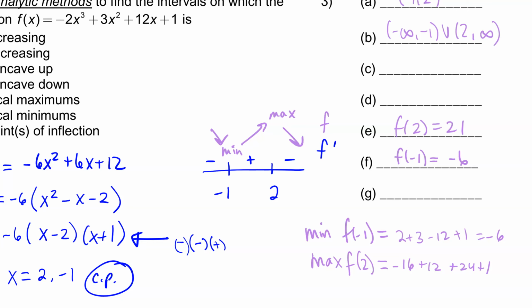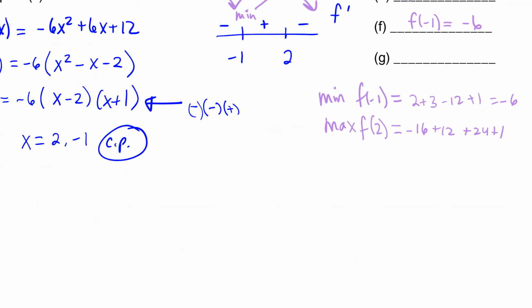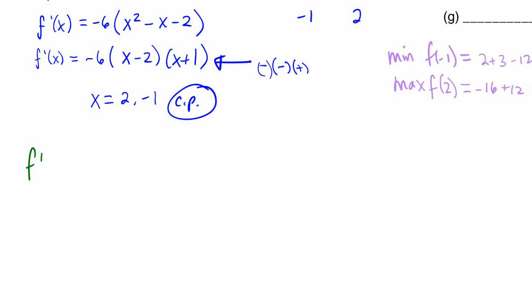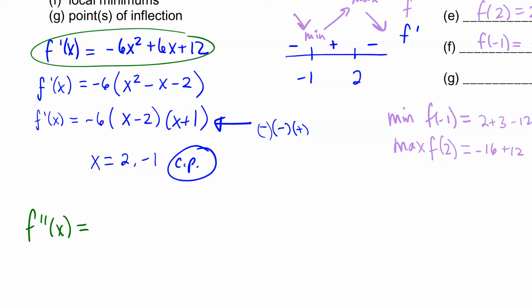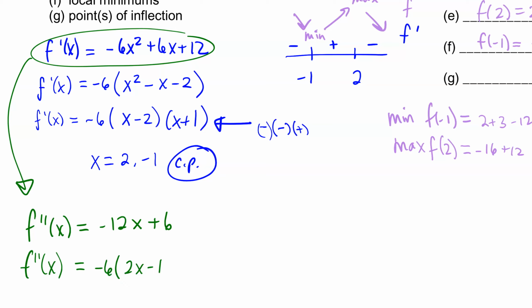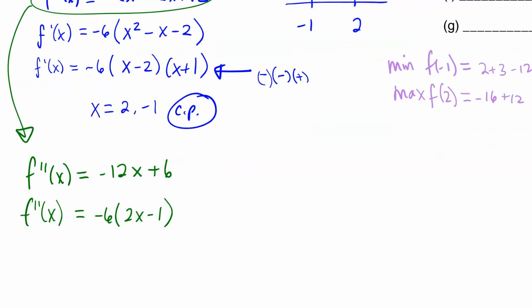Okay, so where are we concave up and concave down? How do you find concavity? Second derivative. Okay, so I'm going to take this, -12x plus 6. I can pull out -6, so this is 2x minus 1, so x is 1/2.